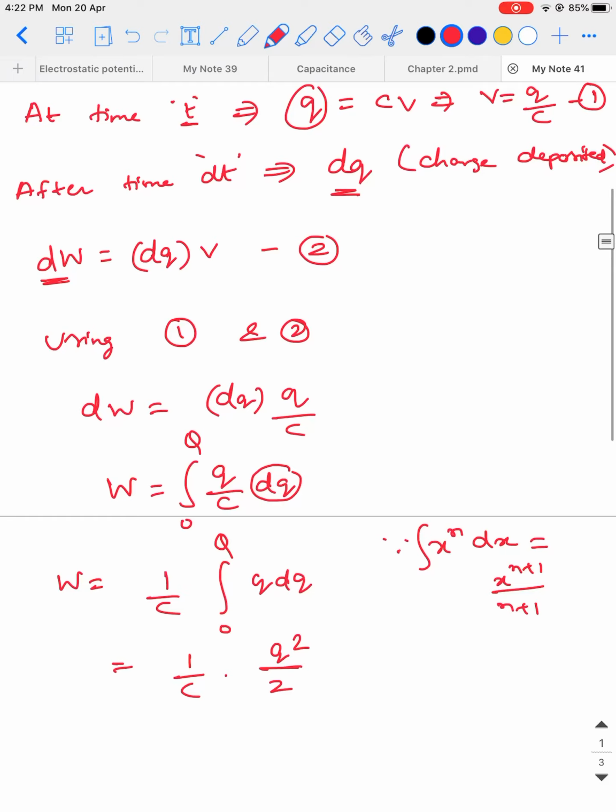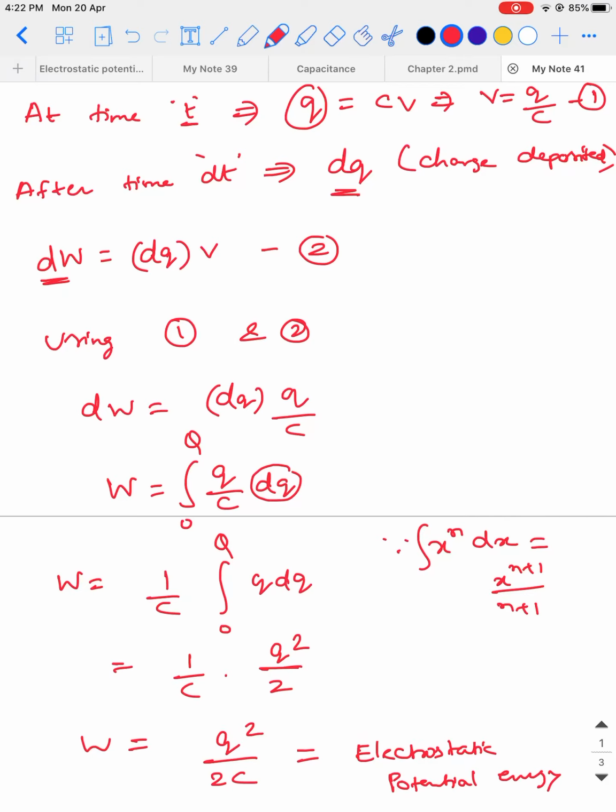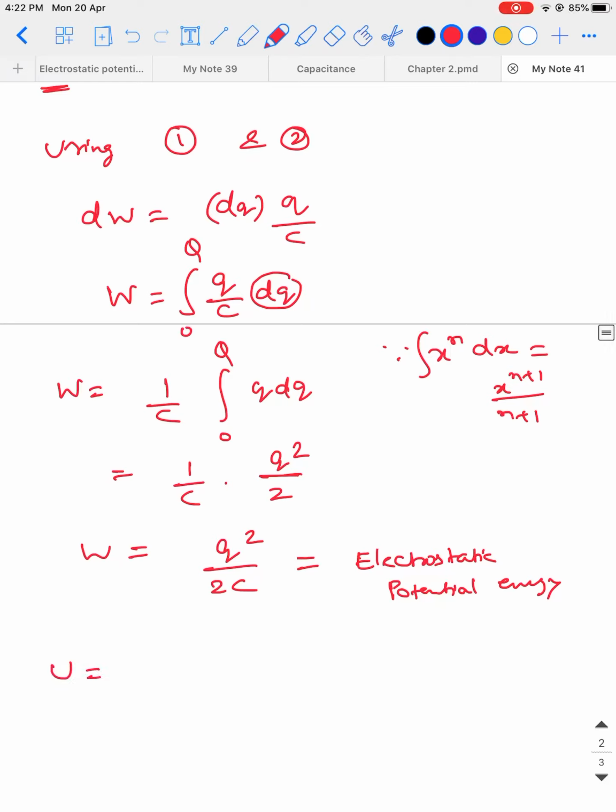So here it is Q power 1 plus 1 divided by 1 plus 1. So this value will be Q square divided by 2C. This is the amount of work that is done by the battery. The work done by the battery will get stored in the form of electrostatic potential energy. So this is the final expression for the energy that is stored in the capacitor.